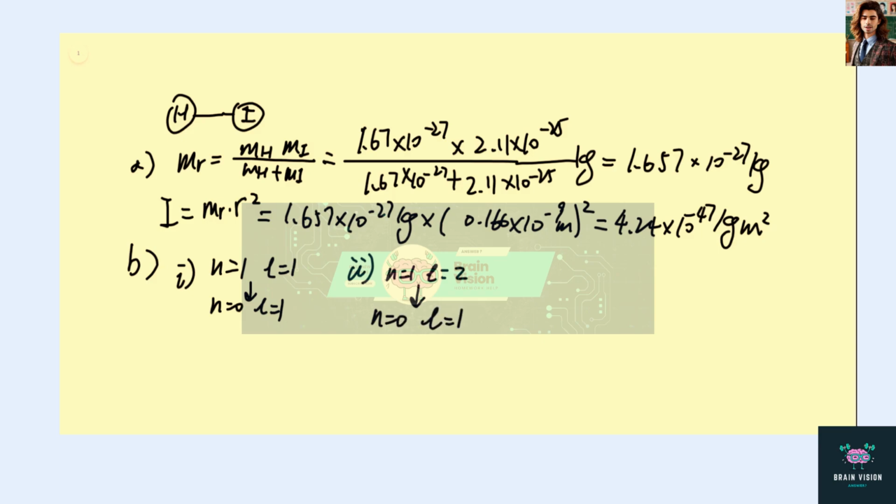So both rotational and vibrational energy underwent a lower transition. Finally, we have n equals 2, L equals 2 to n equals 1, L equals 3.